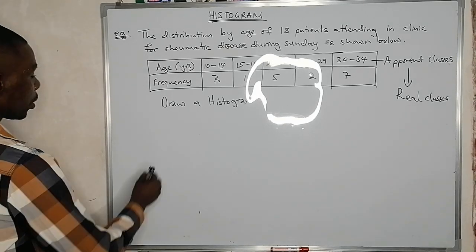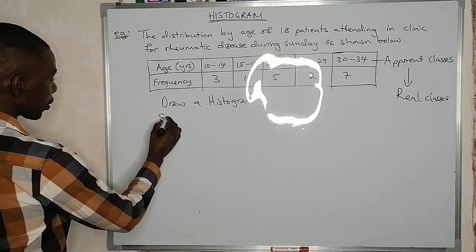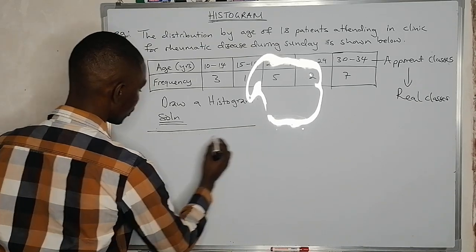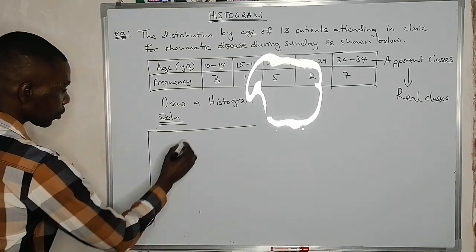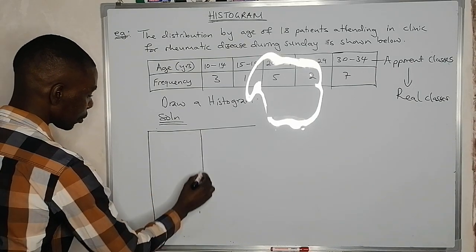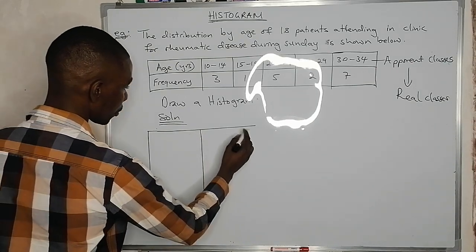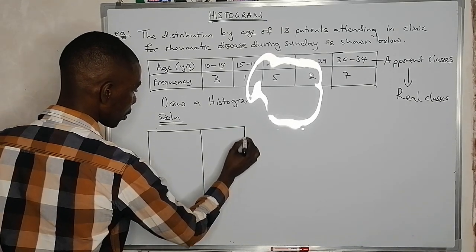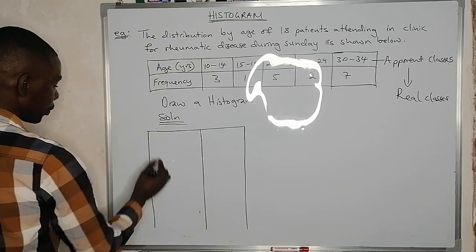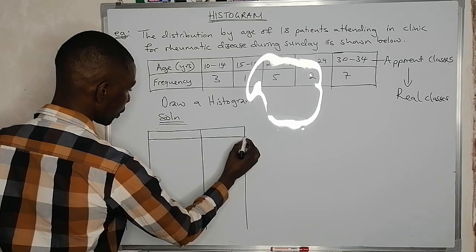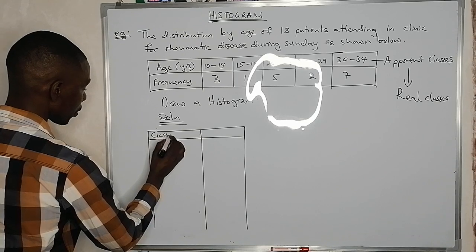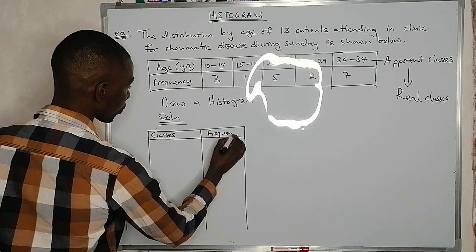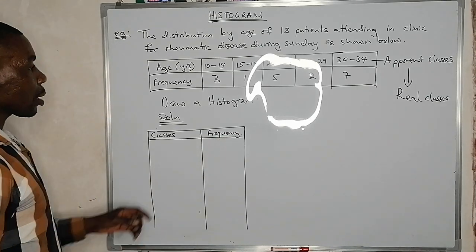We have to come up with a table like this, with classes and frequency.